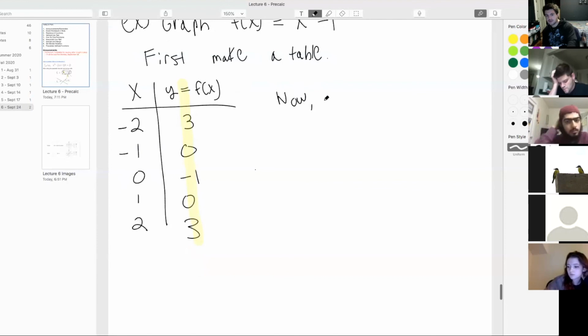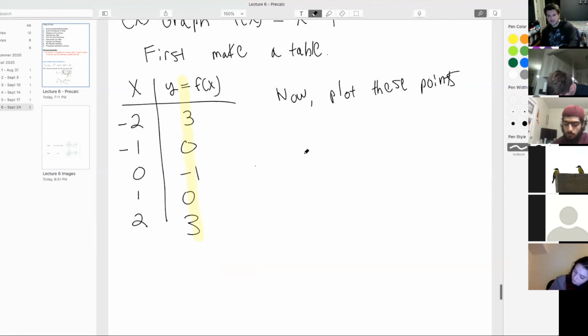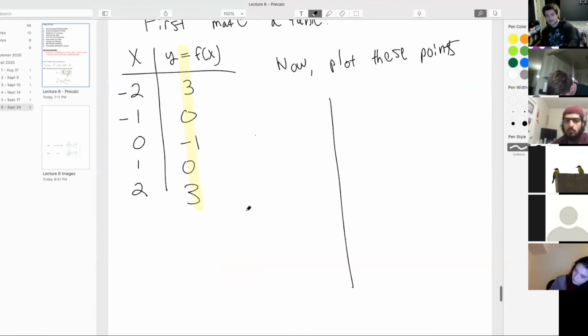So now just plot these points. Let me see if I can draw something halfway decent. The first input is -2, 3. We know how to plot points on the Cartesian plane now, so I just go to -2 and go up 3.